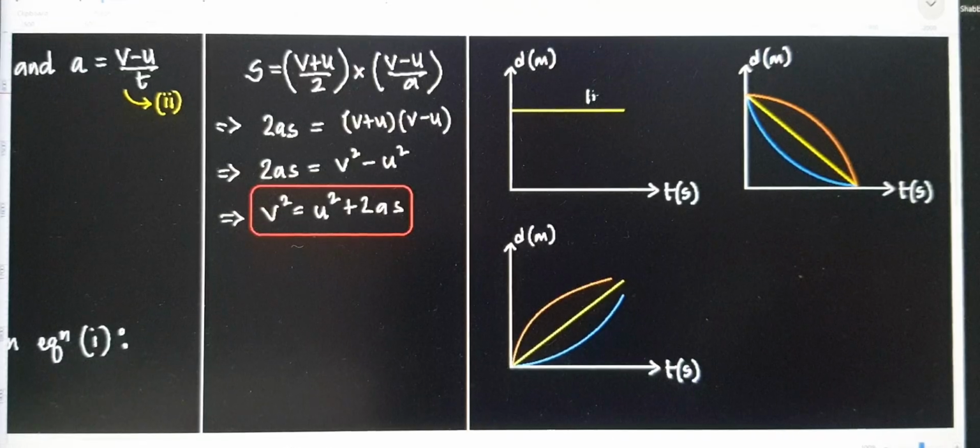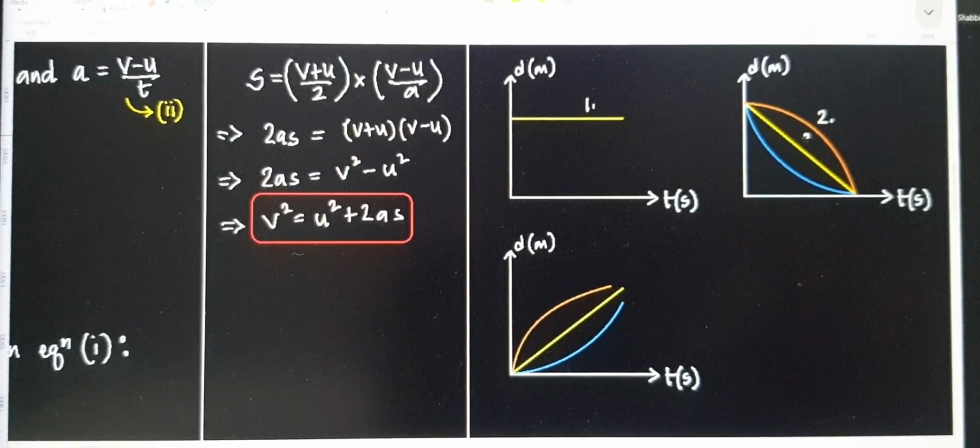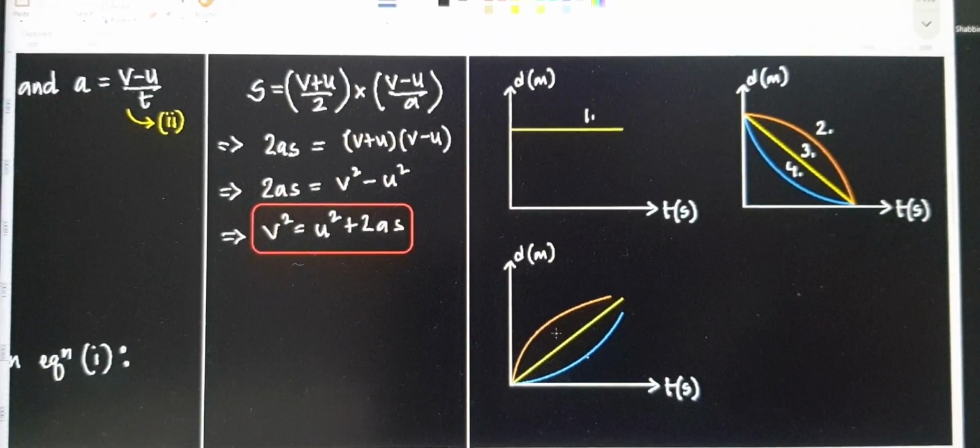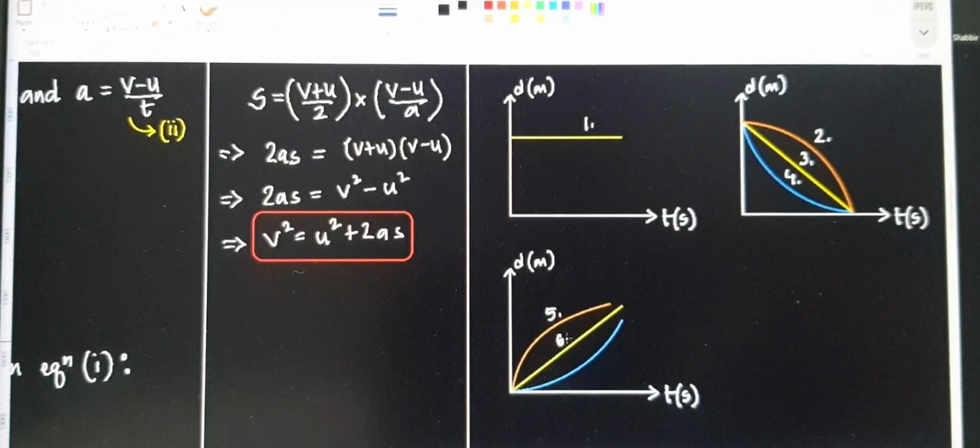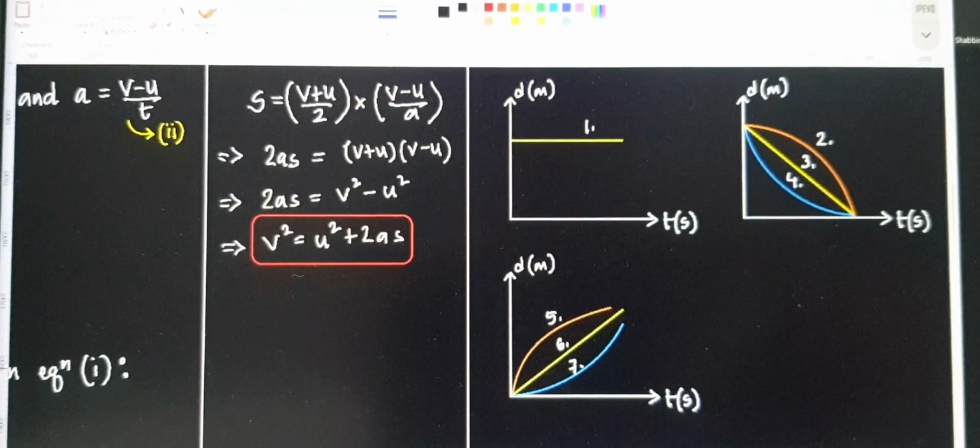Let's call this 1, 2, 3, 4, 5, 6, 7. And for each of these lines, we are going to identify what the gradient looks like. Okay? Because ultimately the gradient is what gives me a physical quantity, right? The gradient of a displacement time graph gives me speed or velocity.